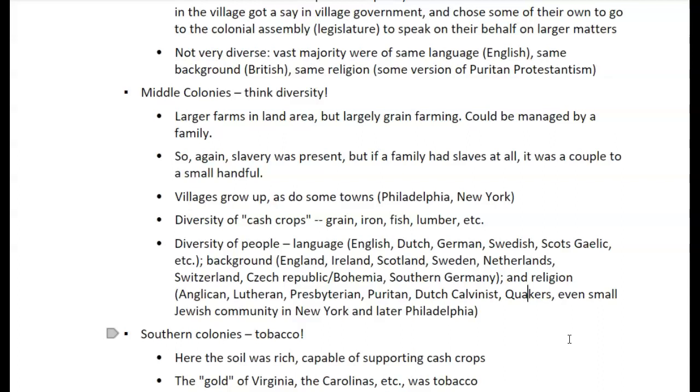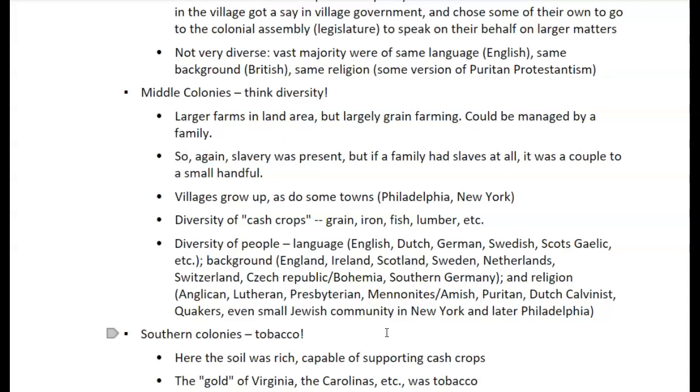And they were different religions. They weren't just all Puritans, they were Anglicans, which is English, but a different flavor of Protestantism. Lutherans, Presbyterians, which are Scottish Calvinists. Mennonites here too, and put this in, which is the Amish are a flavor of Mennonites.